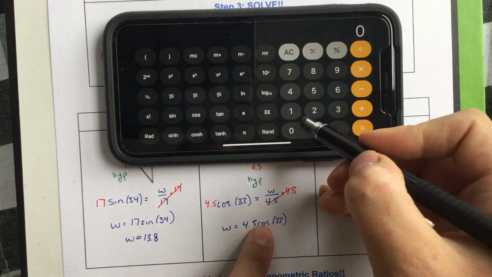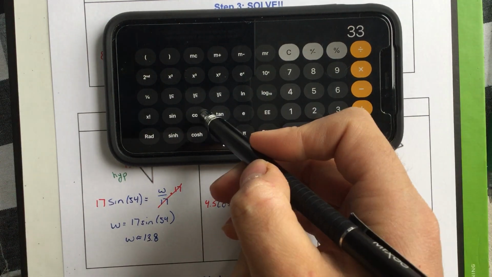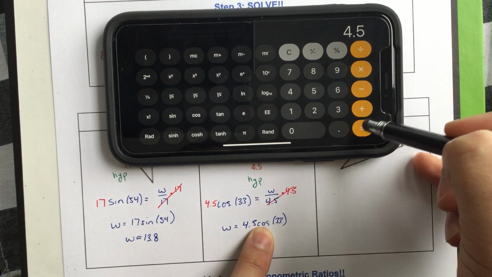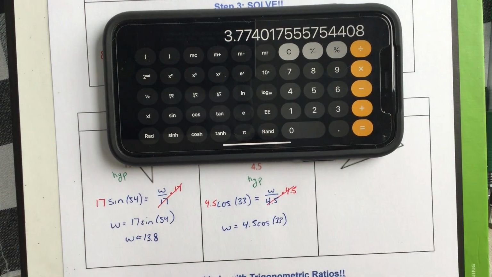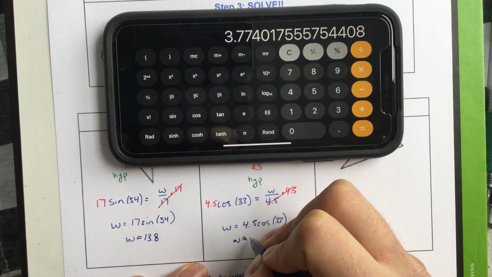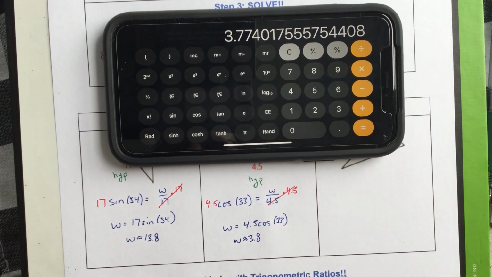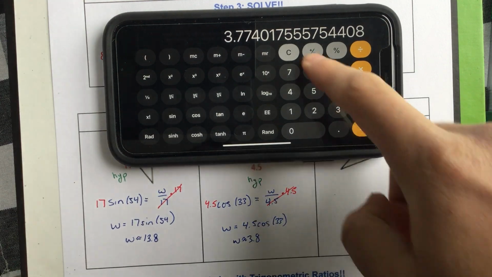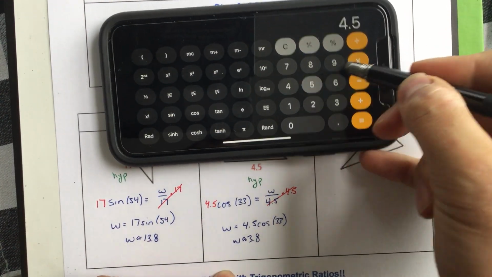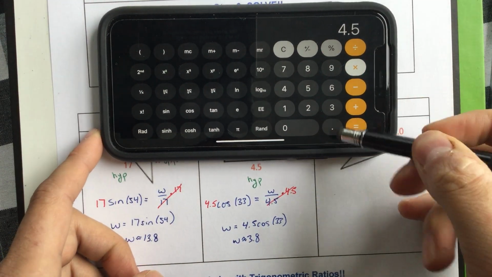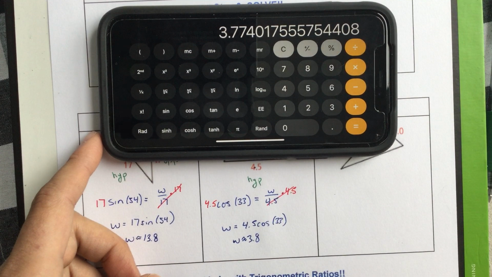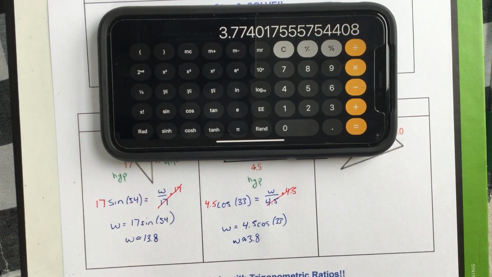We can do 33, hit the cosine key, and then multiply by 4.5. So my solution is about 3.8. Or I can try to go a little in order. We could do 4.5 times 33 cosine, then hit equals, and it comes out to the same solution.